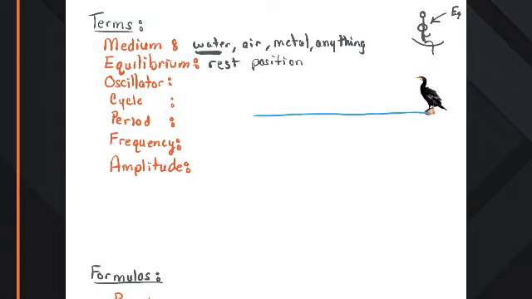So it's not real fun if you're sitting on a swing and you're not moving around. You need to have some motion. You need to have somebody push you. Well, if somebody's going to push you on the swing, they're going to apply a force onto you. There's going to be a disturbance, and you're going to start swinging back and forth, right?